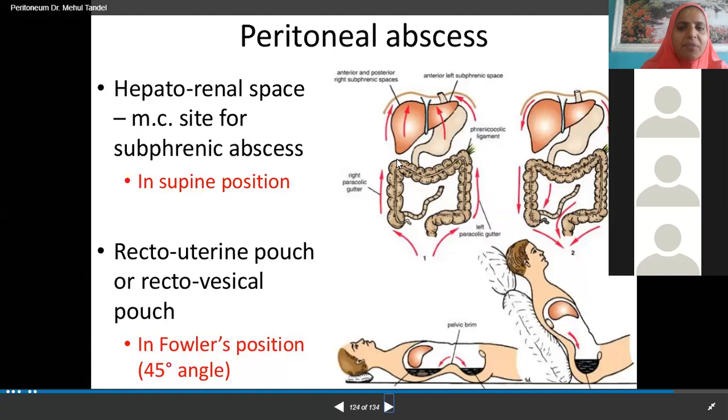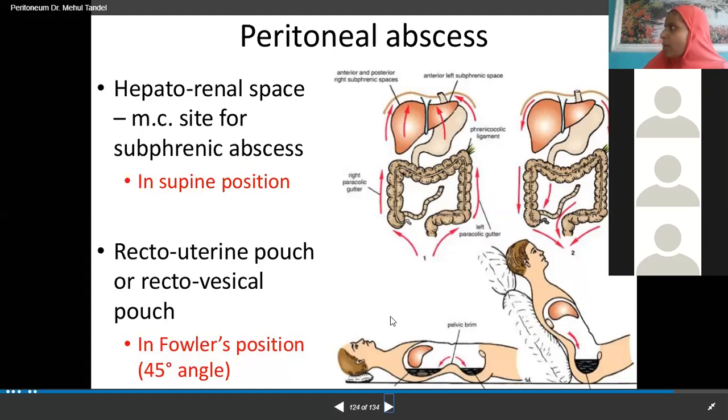Suppose there is an infection in the hepatorenal space or Morrison's pouch, the infection can easily spread below the diaphragm, and you call it a subphrenic abscess. Abscess means pus formation. When the person is lying in this position, the most dependent parts are these areas, where the pus is accumulating.